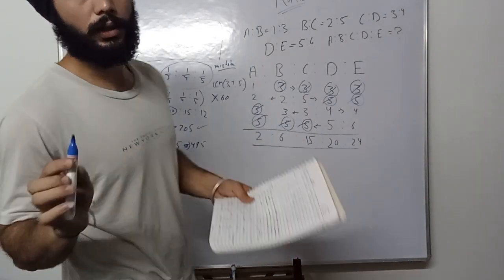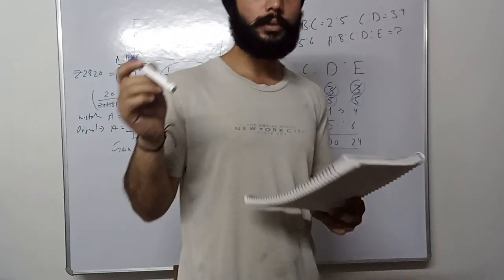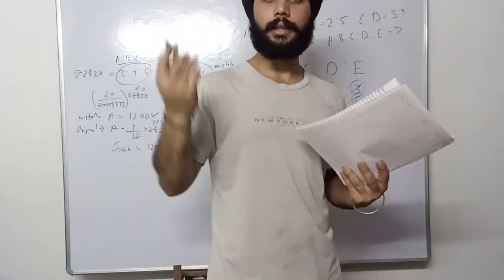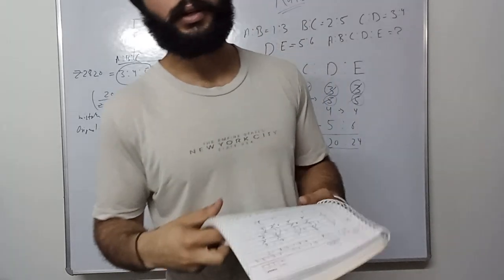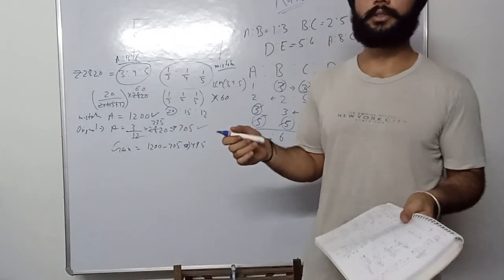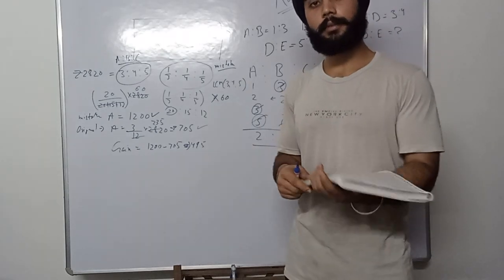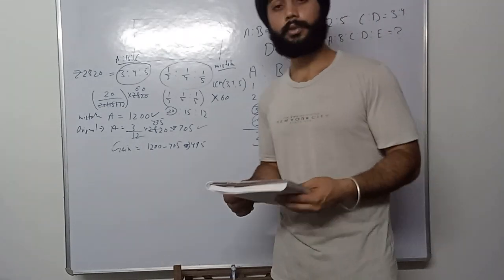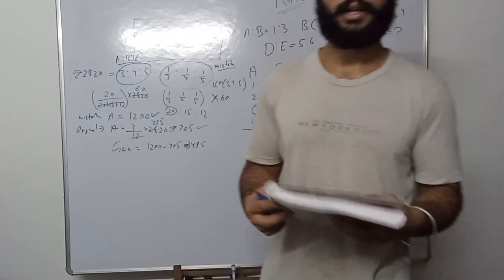I'm only going to explain those questions which are important for our CAT examination. There are a lot of basic stuff we can learn in ratio, but I don't want to waste any time to revise those which are not so important as far as our CAT is concerned.